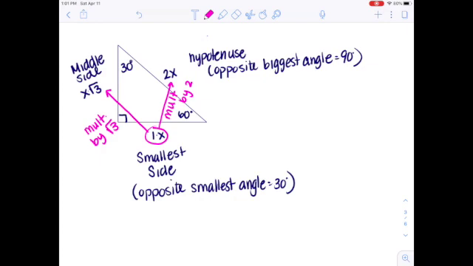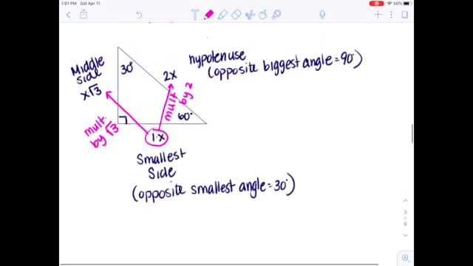And also, if you have your middle side and you want to get your smallest side, you're going to divide by root 3. Now, it's real hard to go from your middle side to your hypotenuse. My recommendation is that in all of these triangles, no matter what you're given, first find your smallest side and go from there.